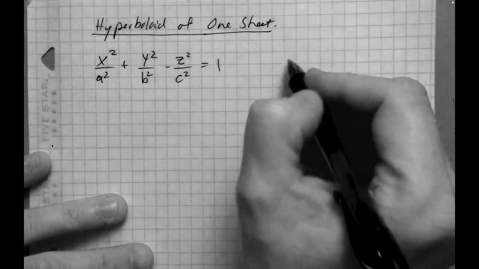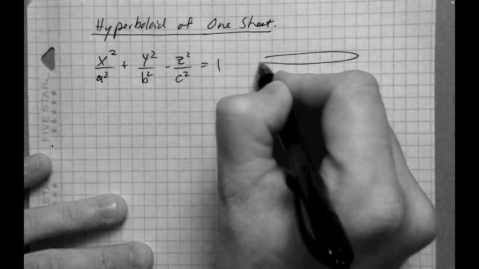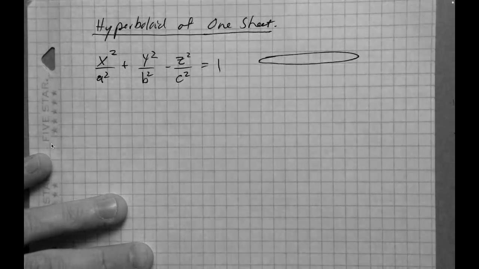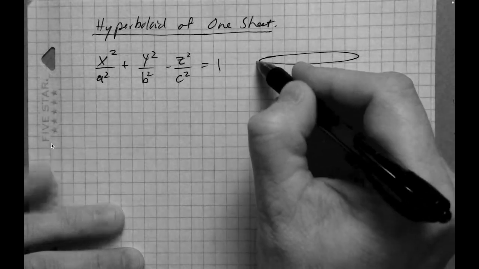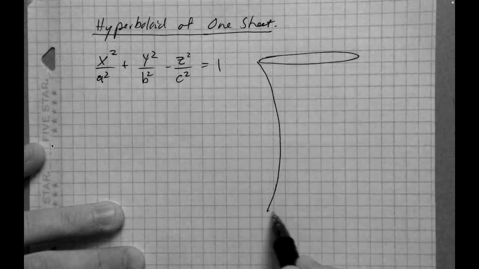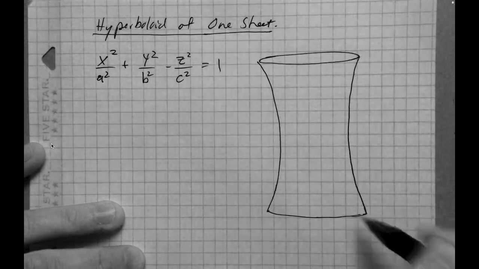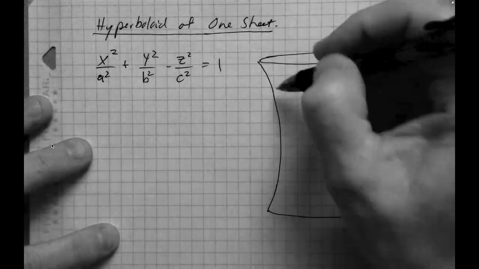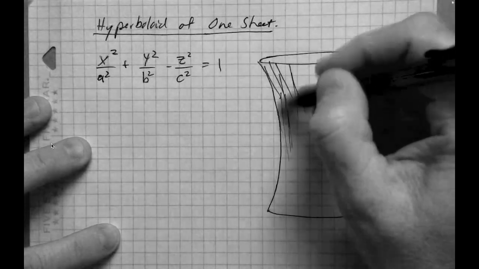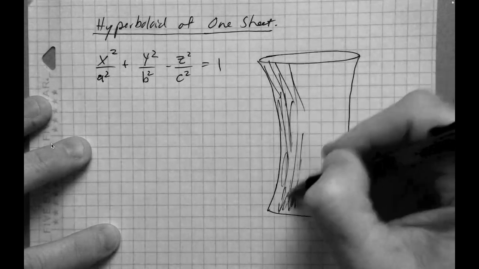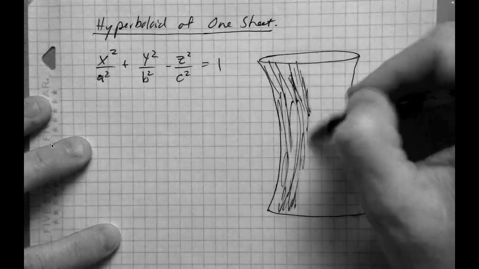All right, now what does this look like? Well, kind of like the elliptic cone, it has kind of a top, but then it comes down and does this instead of crossing over at the center. It looks a bit more like this, and again, it has some curvature here.